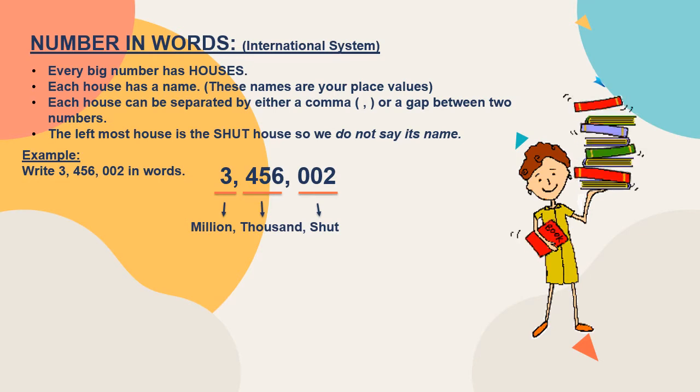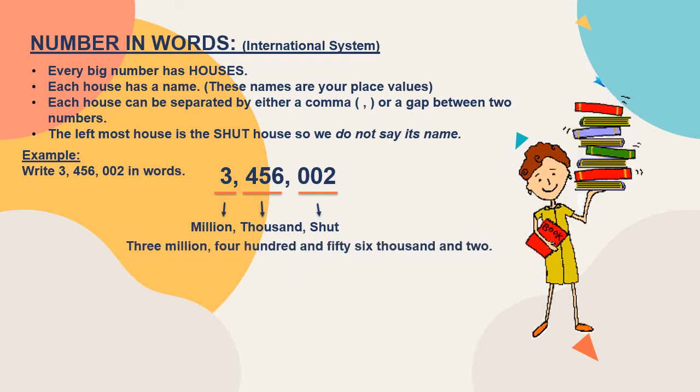Once that is done, next step is to check who lives in these houses. So in millions house, we have Mr. 3. In thousands house, we have Mr. 456. And in the ones house, we have only Mr. 2. So our answer will be 3,456,002.